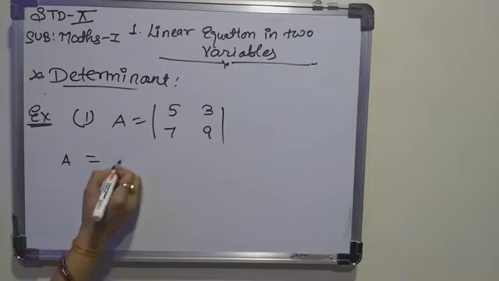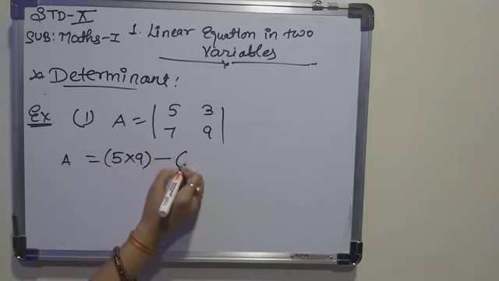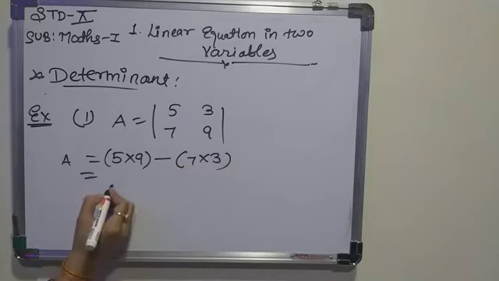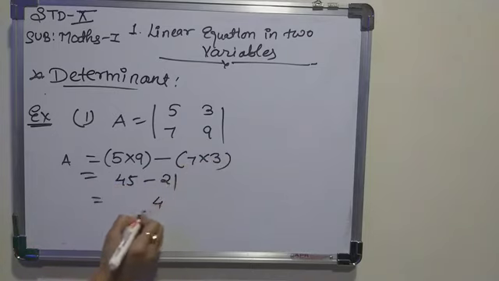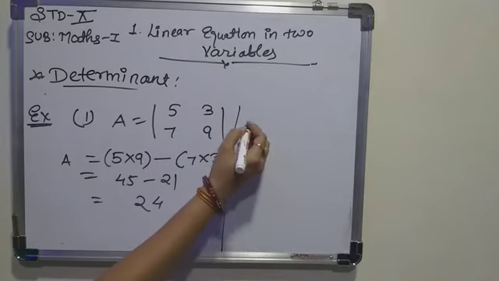A is equal to, you do the cross multiplication, 5 into 9, then subtraction, 7 into 3. 5 nines are 45 minus 7 threes are 21. You will get 24. So 24 is the value of determinant A. You will get any integers.